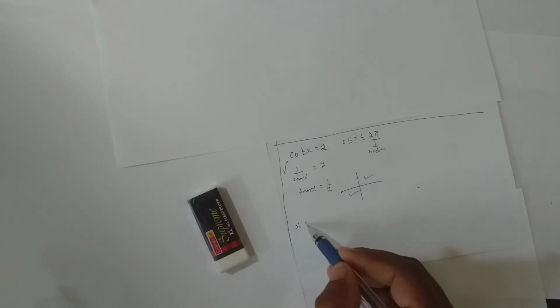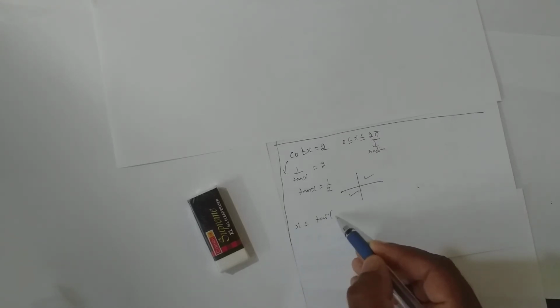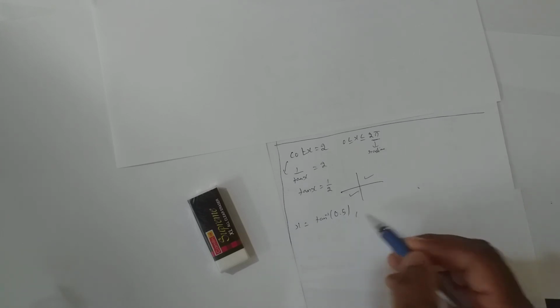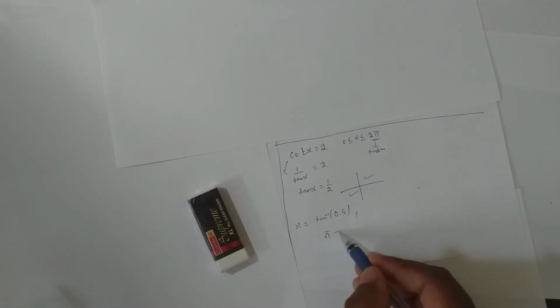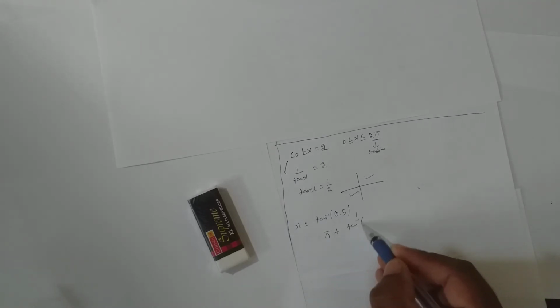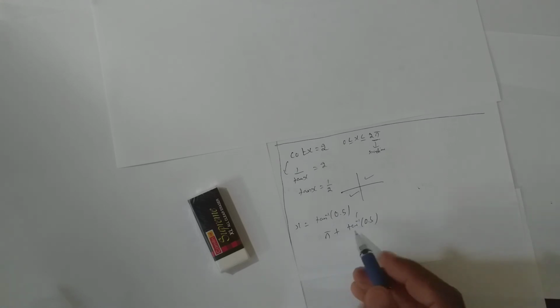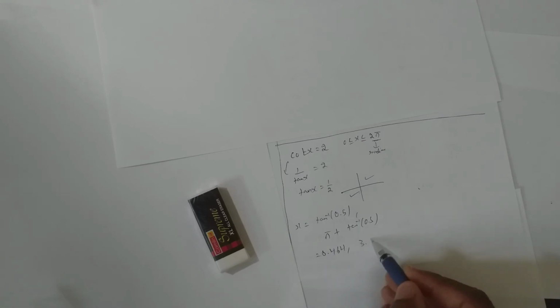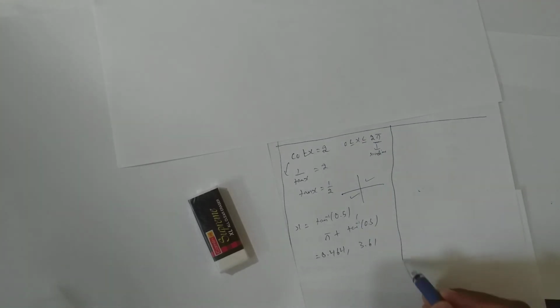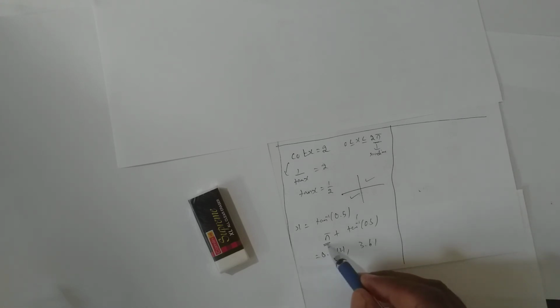So to get the angle in the first quadrant, directly tan inverse 0.5. To get the angle in the third, pi plus tan inverse 0.5. So the values that I get are 0.464 and the other one is 3.61. Since he is asking in radians, I took pi, or else I would have taken 180.